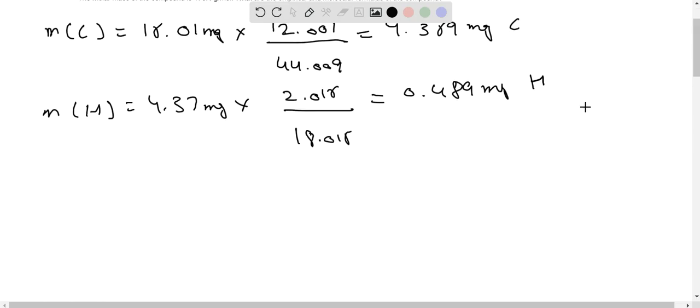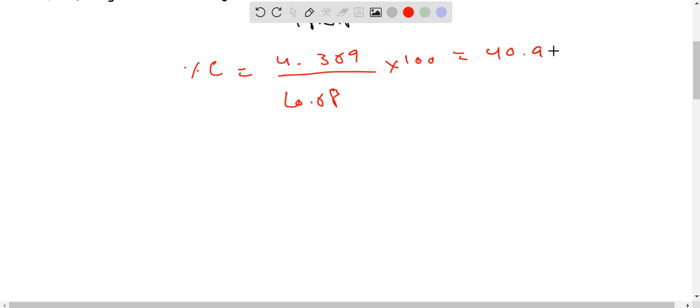Now we have to calculate the percentage of mass of carbon and hydrogen. So for carbon, it is the mass of carbon, 4.369, divided by the total mass of sample, which is 10.68, multiplied by 100, which is equal to 40.908 percent.